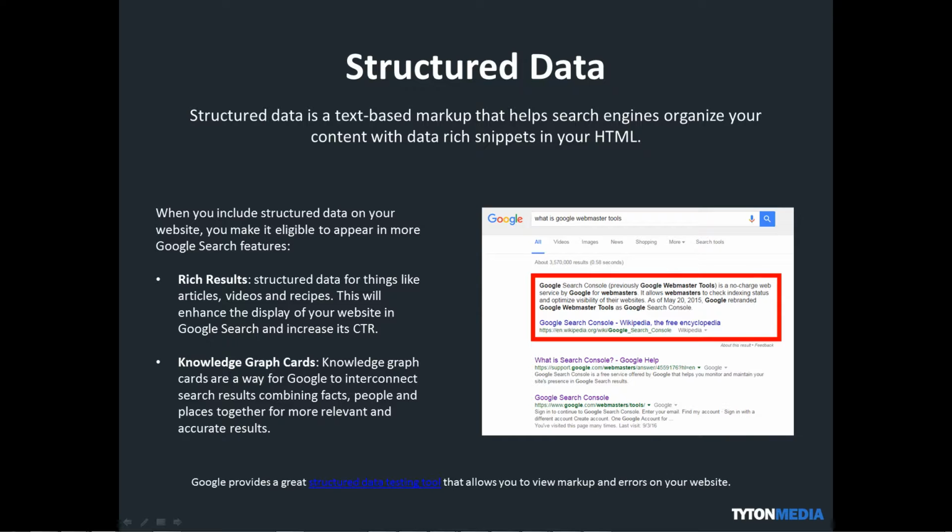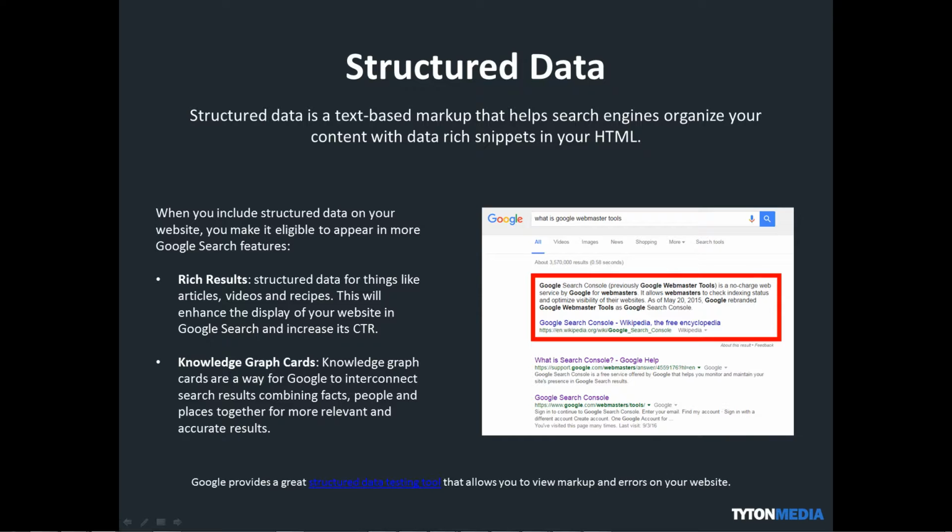So structured data is a way to tell Google or other search engines and even social media sites what your content is and important pieces of your content that they use to provide a better user experience for their users.